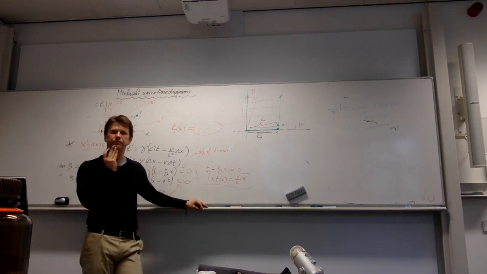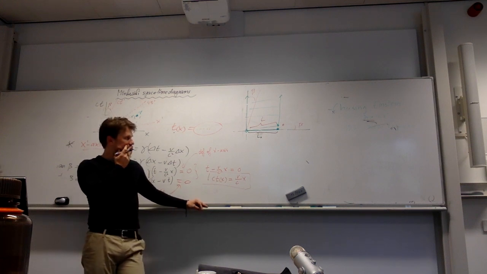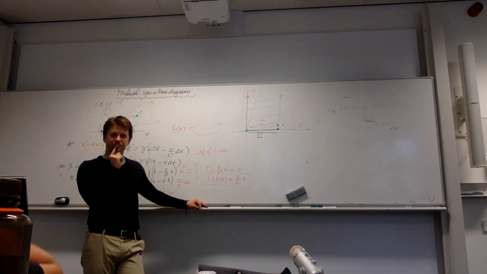What would it look like then for the red coordinate system? I think the black coordinate system sees the ladder move at the speed which is the red line. Well, the red line represents the speed at which the wife moves.